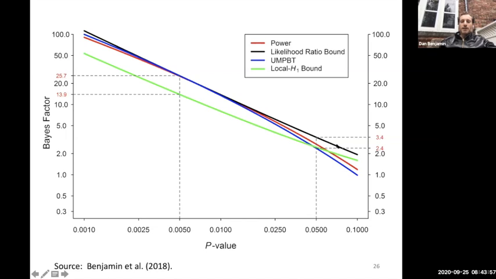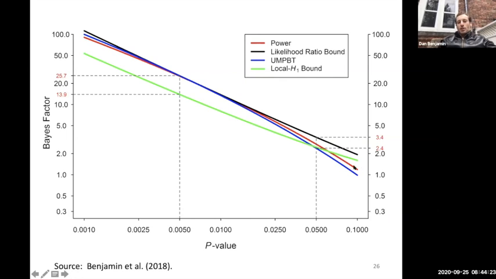So this black line corresponds to the kind of calculation I just did, which is the upper envelope of all of these other ways of calculating upper bounds, because it's taking the really best case scenario for the alternative, and more realistic classes of alternatives generally give less good Bayes values than that.